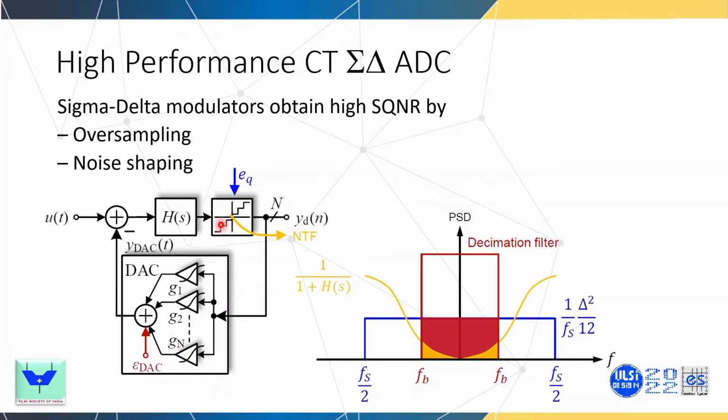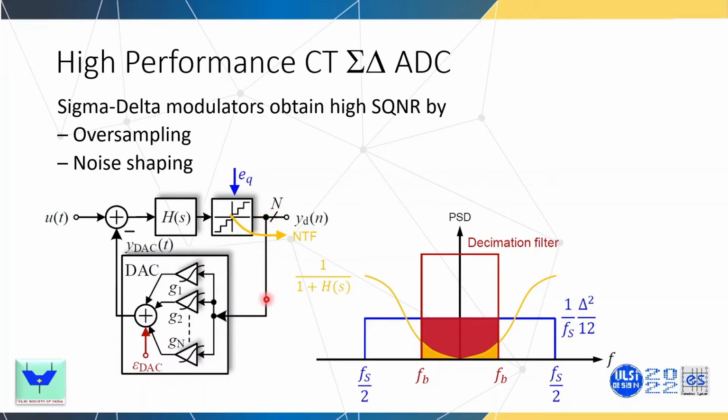The noise transfer function, the transfer function that the quantization noise is subject to, is 1 upon 1 plus H(s). H(s) is the low pass loop filter, so this is a high pass transfer function, and this is the digital output, n bits wide.